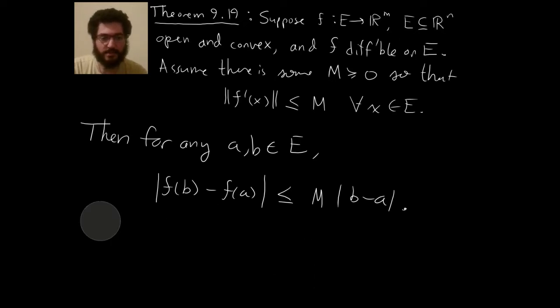And hopefully it makes some intuitive sense that you might get something like this if you assume the derivative is bounded. This is a measure of the size of the linear map, right?